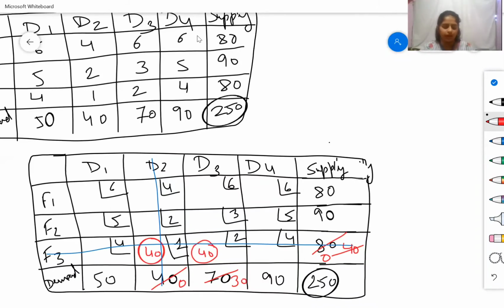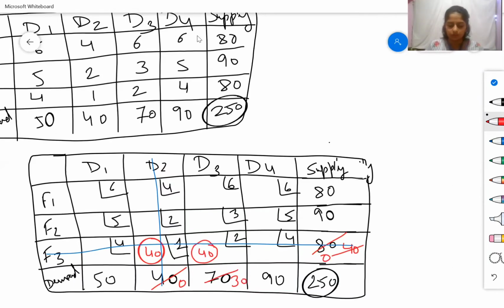Now we have to ignore the F3 row and D2 column, and we have to see the lowest cost from the F1 and F2 rows. Which is the lowest one here? It is 3, which is in F2 D3. How much can we allocate here? We have 30 demand and 90 as supply.